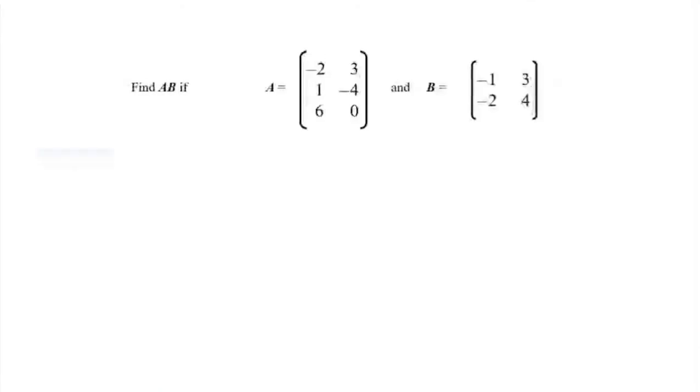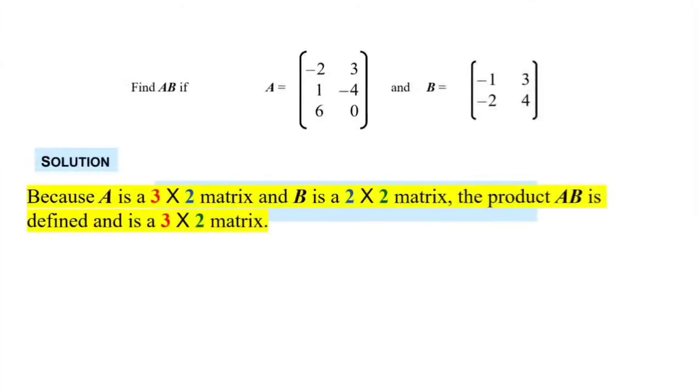Right now, I take a particular example here. Find AB if A is 3 by 2, that is [-2, 3; 1, -4; 6, 0], and B is 2 by 2, [-1, 3; -2, 4].